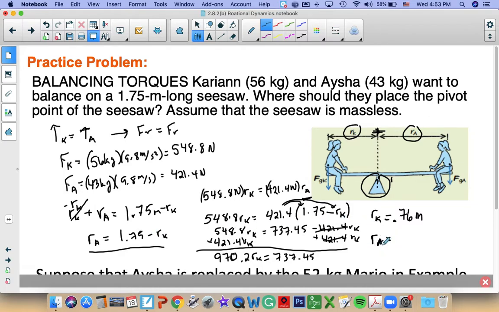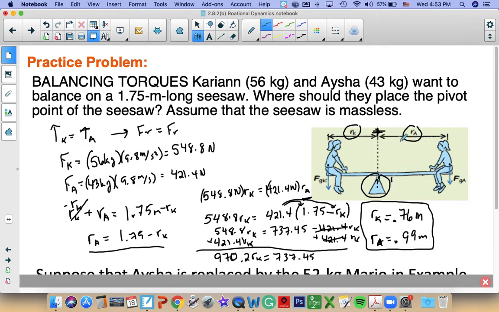Okay, so since we have that wonderful equation, we can also find the radius of Aisha. So I would just do 1.75 minus that. 1.75 minus my answer, and I get 0.99. So 0.99 meters. So that's how far away they are going to be from our lever arm.